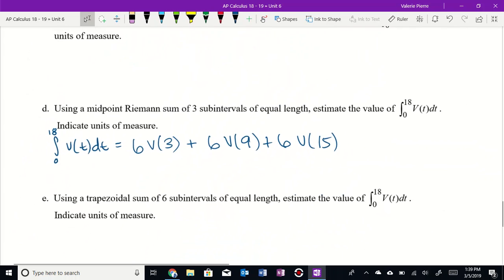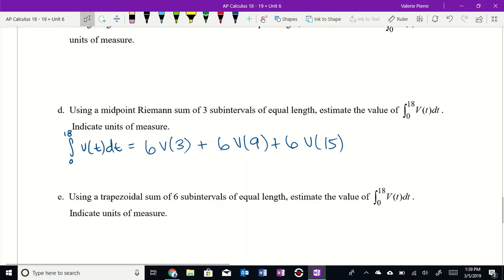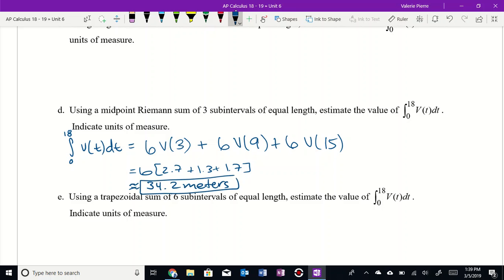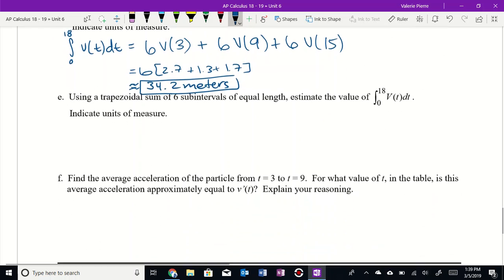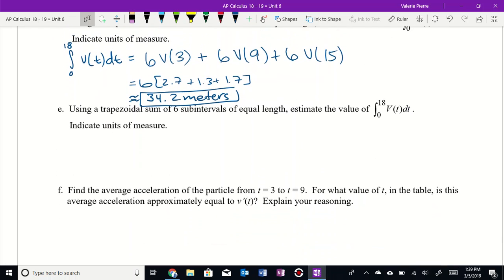So we can pull out the 6 since it's being multiplied by every term. We have 6 times 2.7 plus 1.3 plus 7, which is equal to approximately 34.2 meters. And we'll skip over E so that you can do that problem on your own using trapezoidal sum.